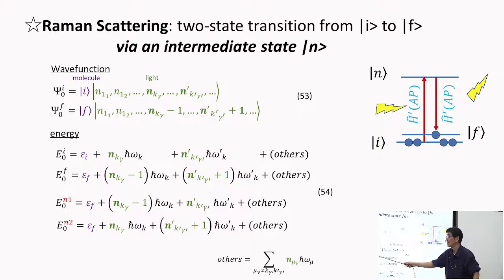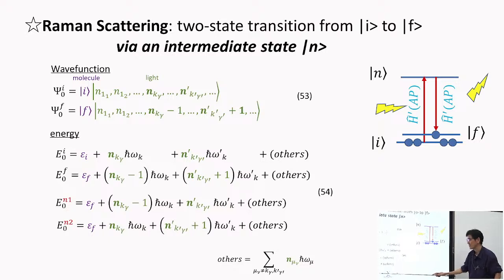On the other hand, energy is given like this. Energy of the whole system, including molecule and light, is expressed by considering the energy of the molecule, EI, at the initial state, and the energy of light, the product of the number of photons and the unit energy, plus the number of photons and the unit energy. And for simplicity, we focus on the change in the number of photons for these two parameters.